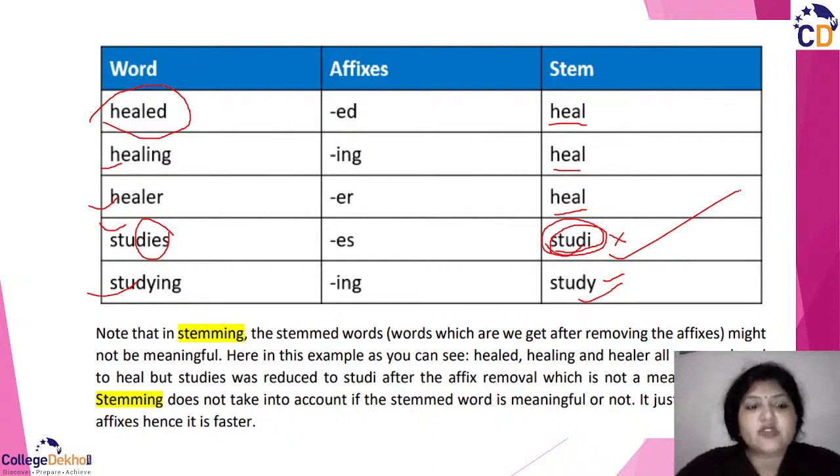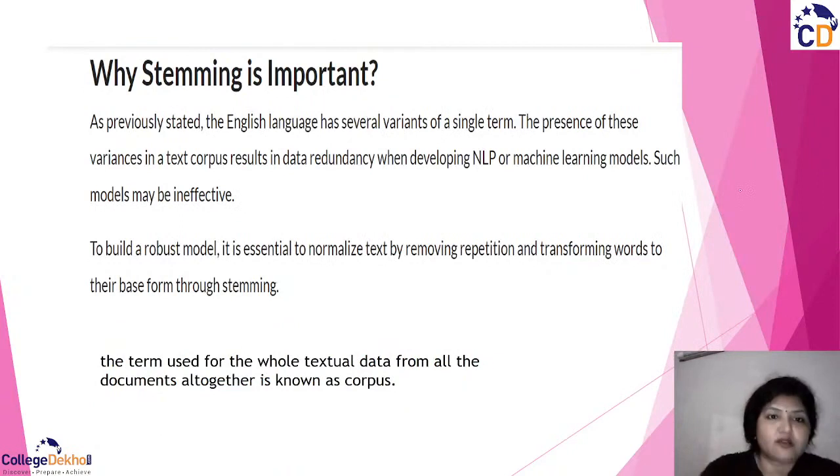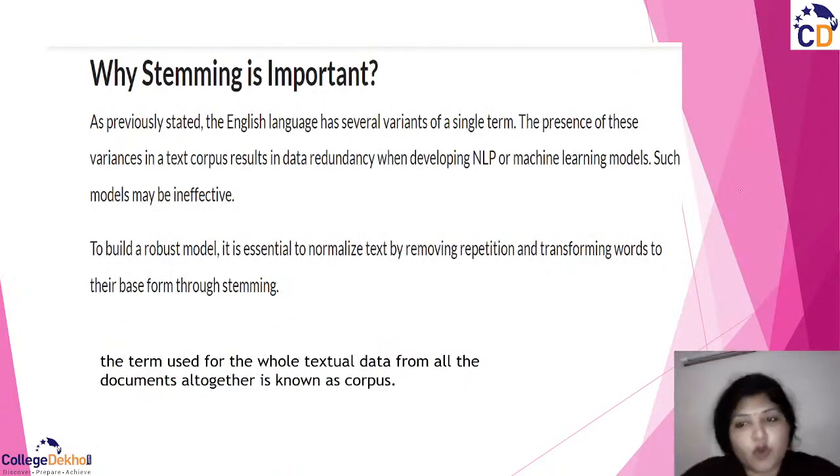Hence it is faster, because it does not check whether the remaining word would serve a meaning after removing the affix. It just removes the affixes and gives you the remaining word, right?